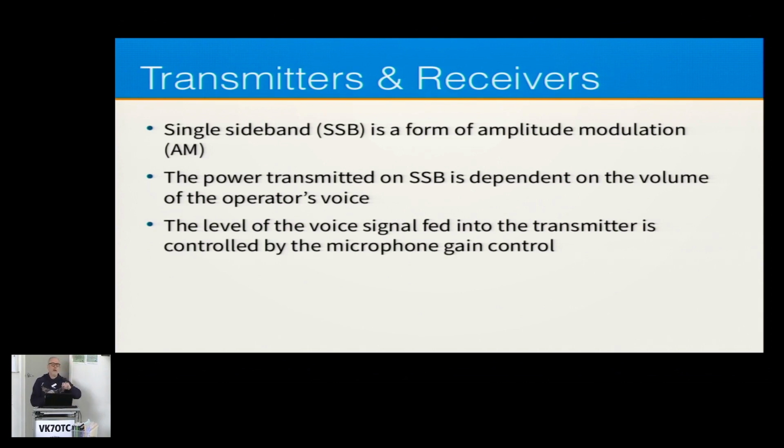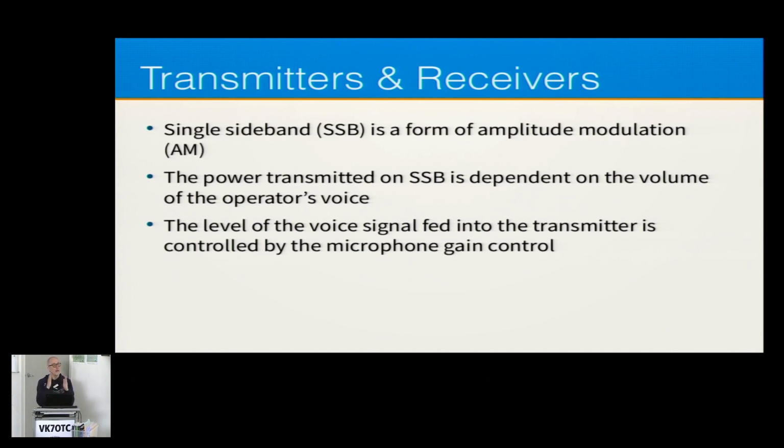So, there's a concept that when you add two frequencies together, you get the frequencies added together, you get the frequency that is subtracted, and you get a whole lot of other harmonics as well.